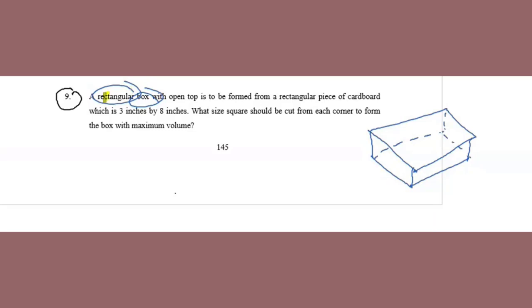Okay, this one is rectangular box, and from rectangular piece of cardboard. Dia form from a cardboard. Okay, and dia from here piece of cardboard which is 3 inches by 8 inches.